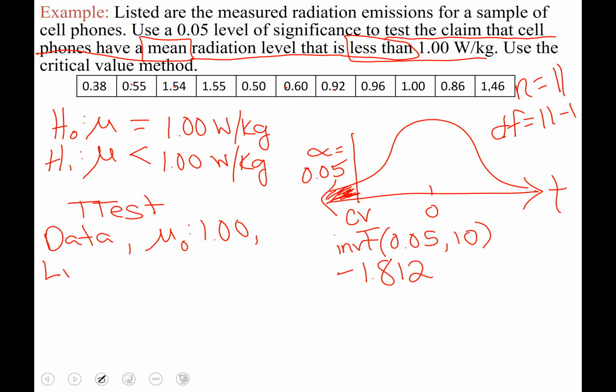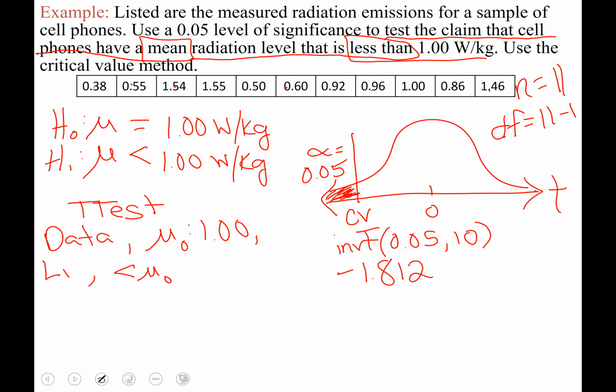Frequency is 1. And the last thing that this program needs from us is to tell it what we used as our alternative hypothesis. We used the less than sign. On your screen it looks like this. Make sure that is highlighted. Okay, go ahead and run that program.